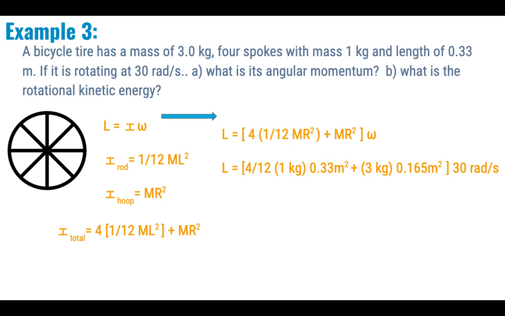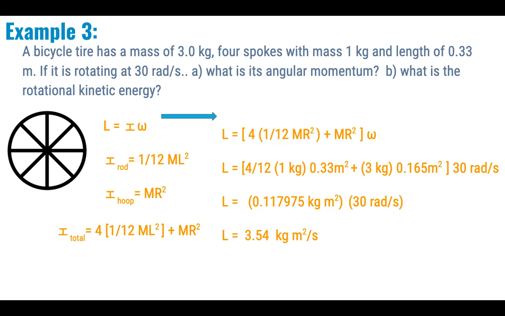The whole system is rotating at omega. So you multiply that total value for I by 30 radians per second. Simplifying, we get 0.1179 kilogram meter squared times 30 radians per second.